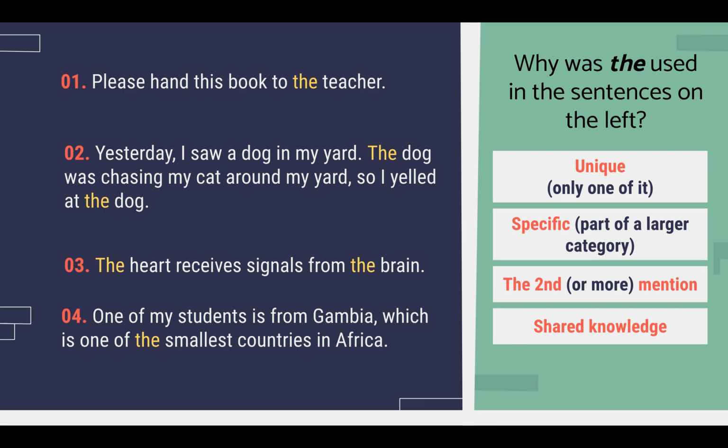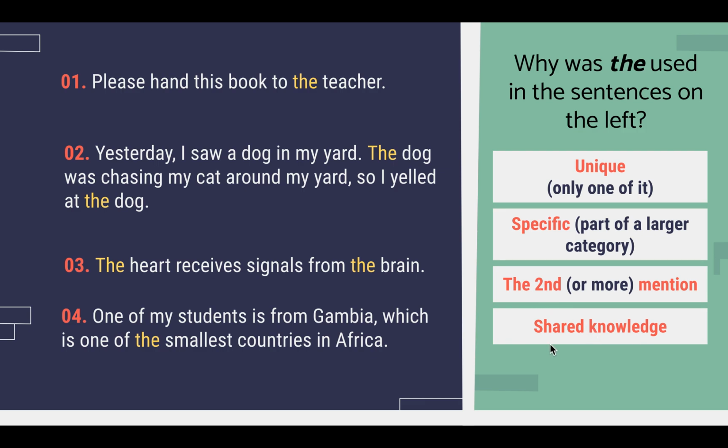So I have some practice for you here. On the right side, we have the directions. Why was the used in the sentences on the left? Here are your choices. Is it something unique? Is it only one of something? Is it specific? Is it part of a larger category? Is it the second or third or fourth time something is mentioned?